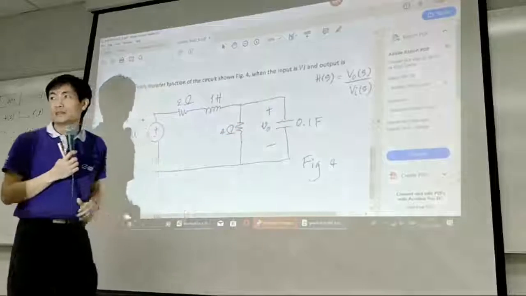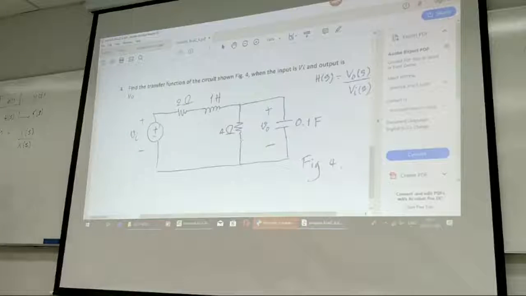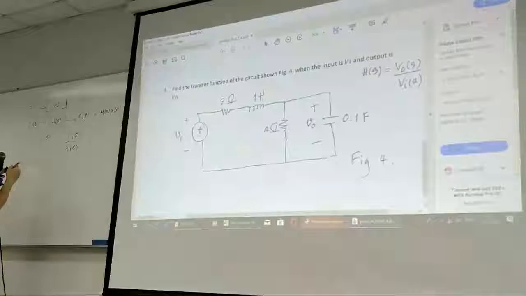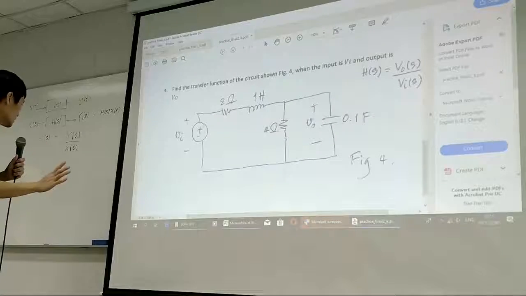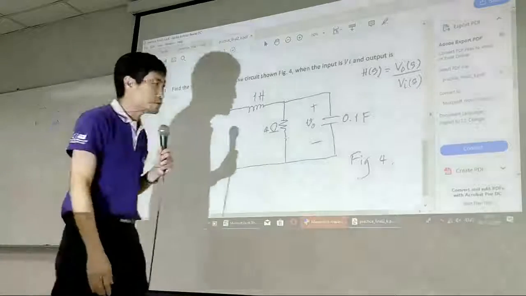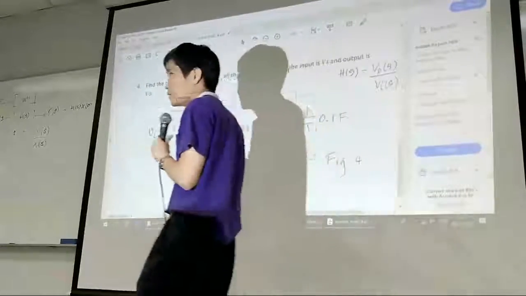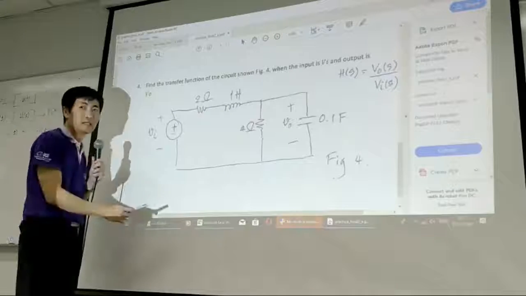The transfer function is going to give you the relationship between the input and output in the S domain. To ask you to do this problem, I just check that you know how to apply the Laplace transform to the circuit.